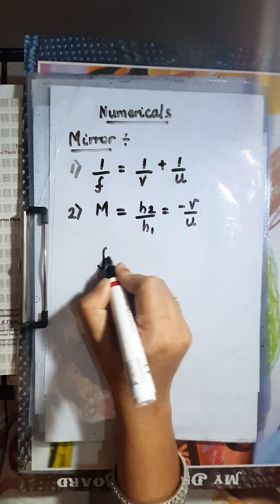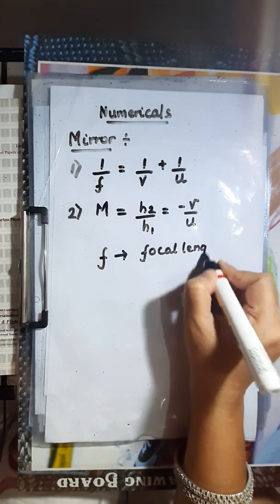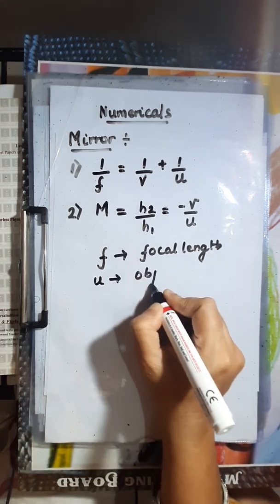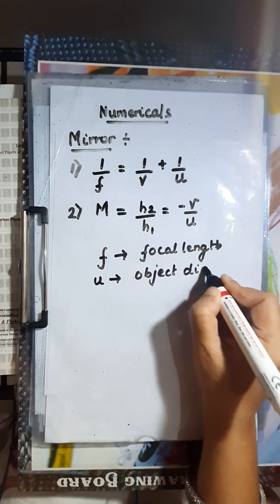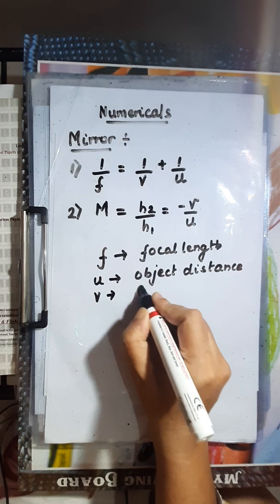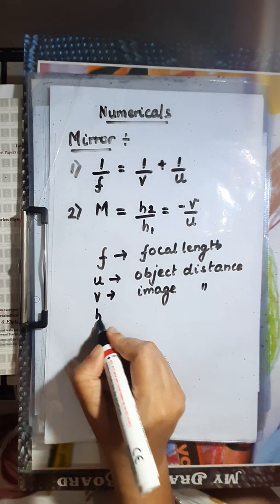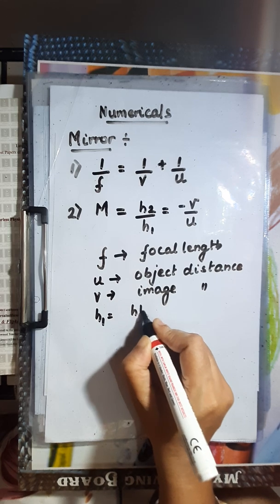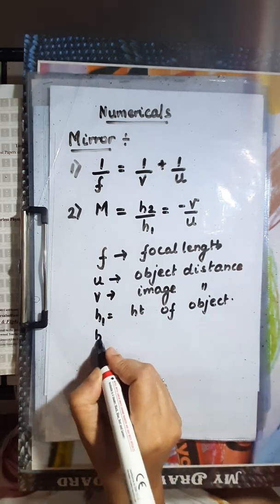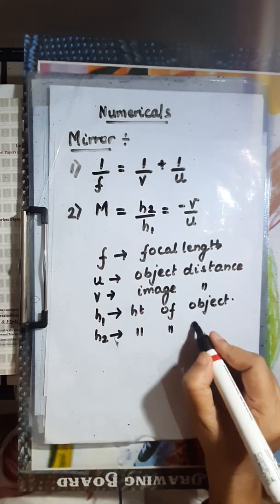Now f is focal length, u is object distance, v is distance of the image, h1 is height of object, h2 is height of image.